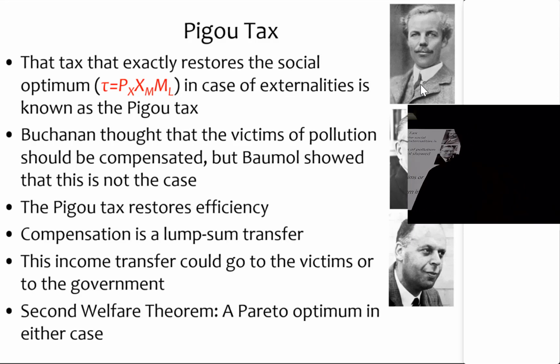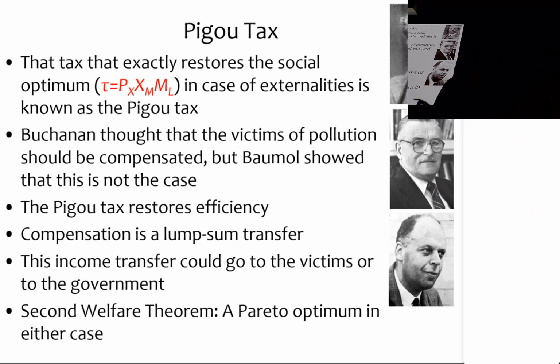Now, Buchanan, who won the Nobel Prize for other work, had a misconception that is actually common about the taxation of externalities. And that is that the tax revenue should be used to compensate the victims. That the Pigou tax is not paid to the government, but it's paid to those who suffer the consequences of the pollution.